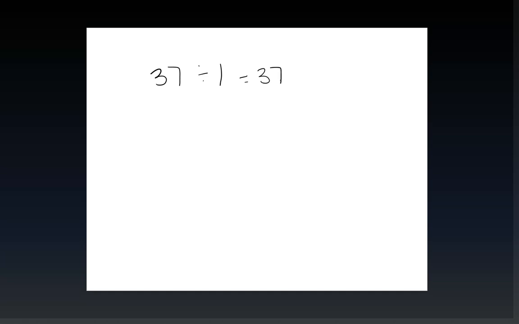So anything divided by 1 is itself. That is very similar to our rule when multiplying by 1. It's identical to our rule of multiplying by 1, that anything multiplied by 1 is itself. Anything divided by 1 is itself. So if I have 583 divided by 1, my answer is 583.